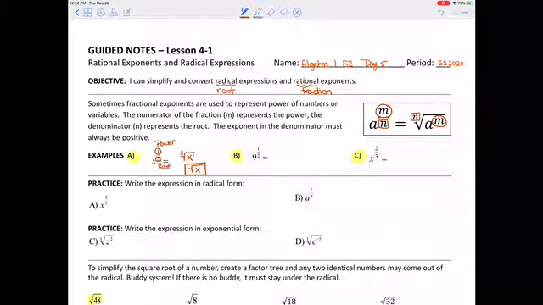For part B, same idea. The top number is our power, and the bottom number is the root, and 9 is the base. So we would start with 9. We're going to raise 9 to the first power, and then we're going to take the square root of 9. Now, 9 is the number 3 times 3.